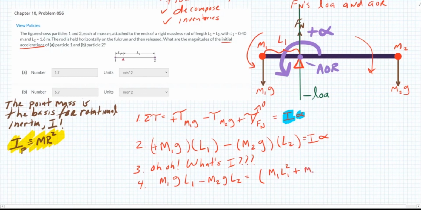It's going to be mr squared again, L2, times alpha. This is the rotational inertia for M1, and here's the rotational inertia for M2, and I'm just adding them together because there's only 2 of them.